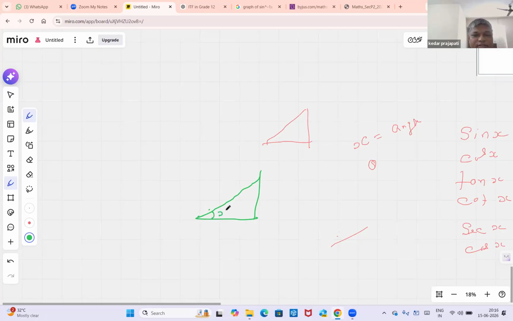You can say x or theta. So this is the base.